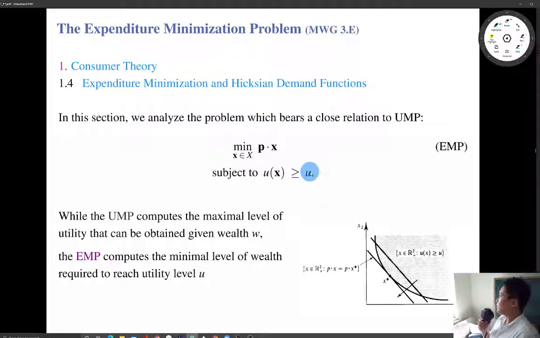Once again, that provides us a different angle from which we analyze the consumer's behavior. This is usually called the dual problem to the UMP, the utility maximization problem, in the following sense. If we think about the EMP, in order to capture this constraint, we have to fix one indifference curve.